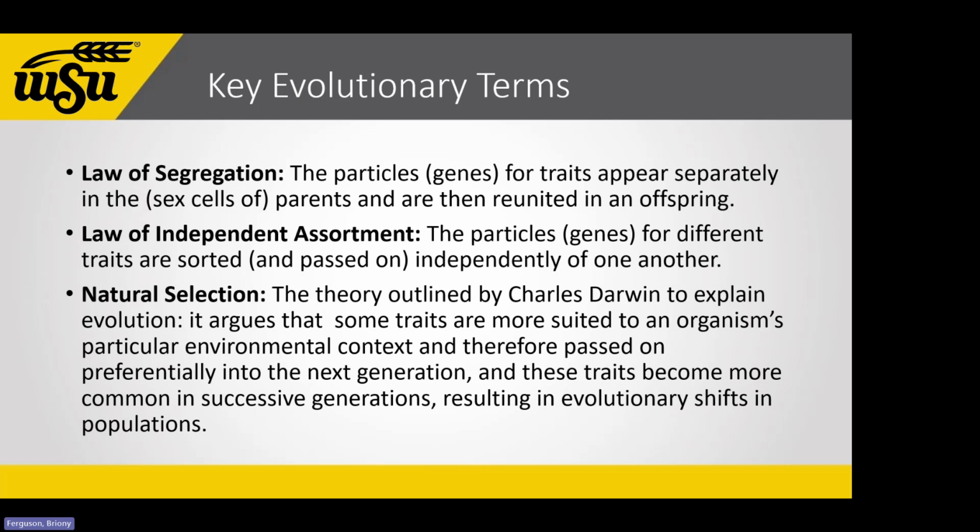And then, of course, natural selection, which is that theory outlined by Charles Darwin to explain evolution, which argues that some traits are more suited to an organism's particular environmental context and therefore are passed on more often into the next generation. When this happens, these traits become more prevalent in successive generations, and over a long period of time, it can actually result in an entire evolutionary shift in populations.